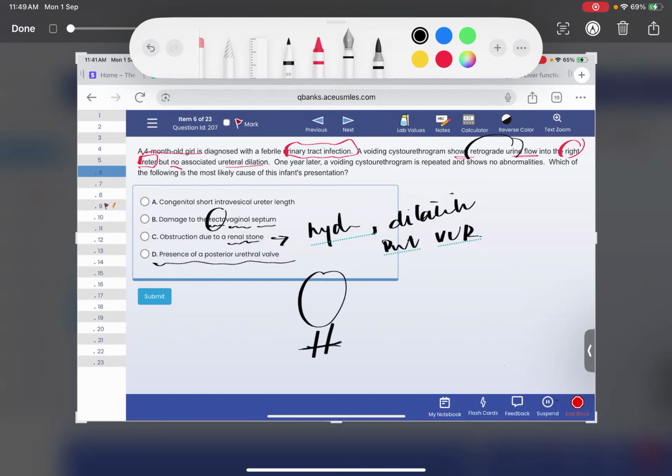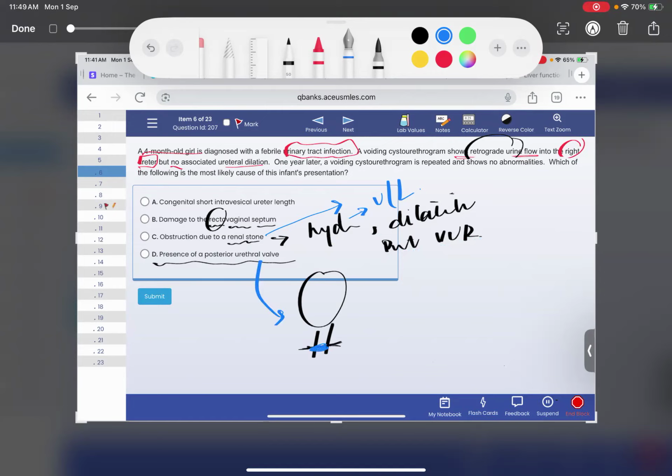One other important concept here is that urinary stones will cause hydronephrosis unilaterally, because the stone is present in one ureter. If they are present in both, they can cause bilateral hydronephrosis. But what happens in posterior urethral valves?